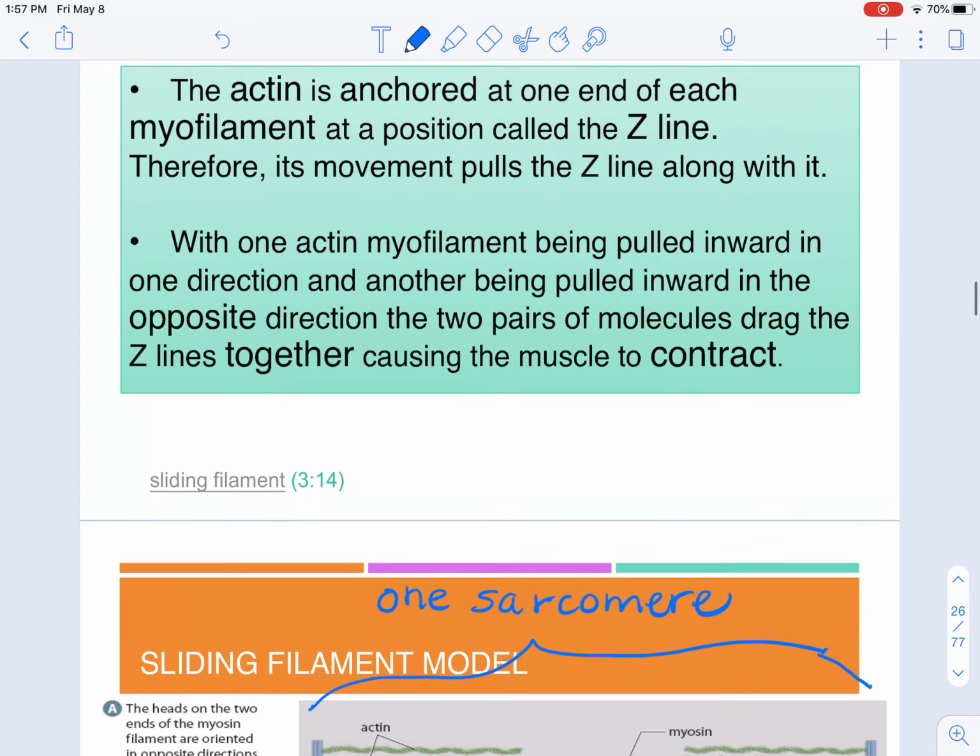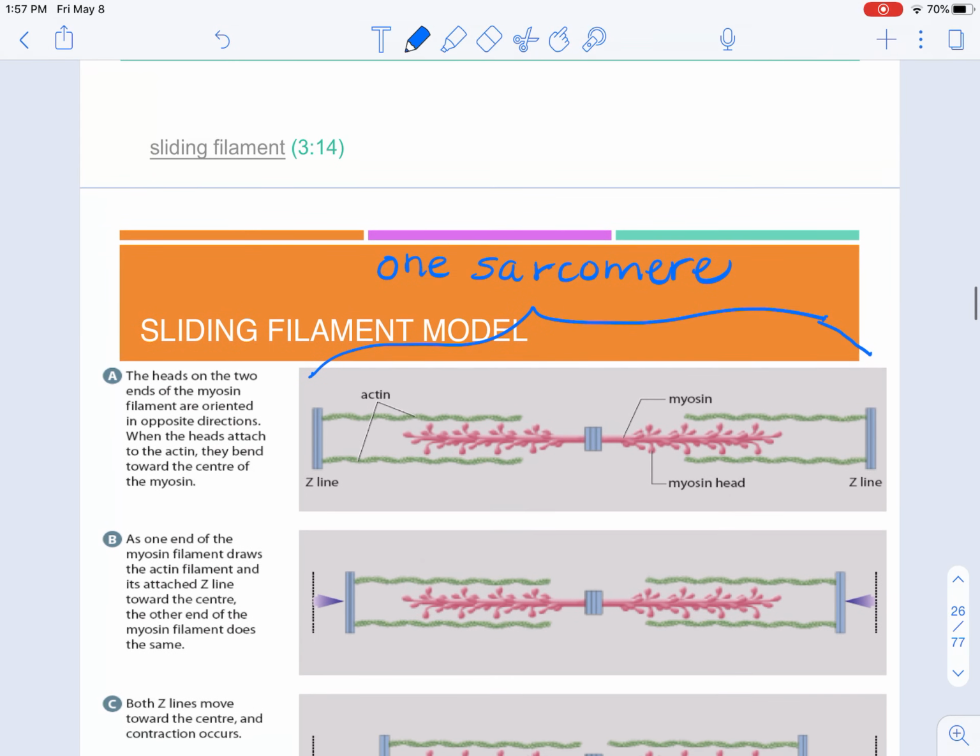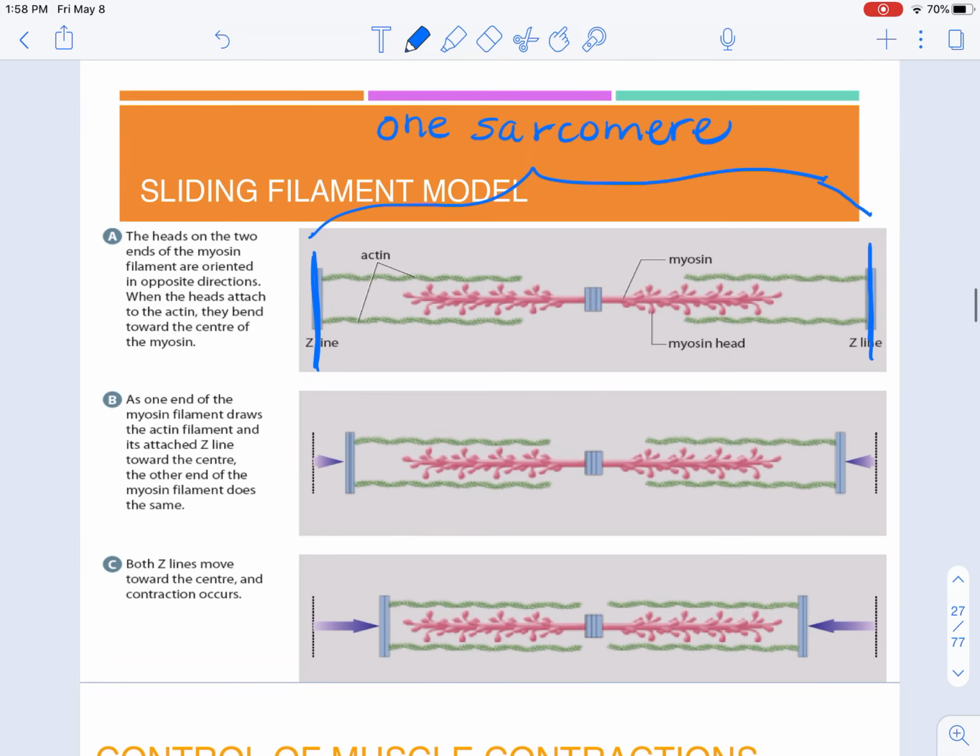And the idea of the Z line is that those stripes that you see there in a sarcomere, one section of muscle, is a section that will actually shorten when the myosin heads are pulling on the actin. So you can see they're pulling until it's fully pulled, till this Z line comes so close to the end of the myosin we can't pull it any closer.